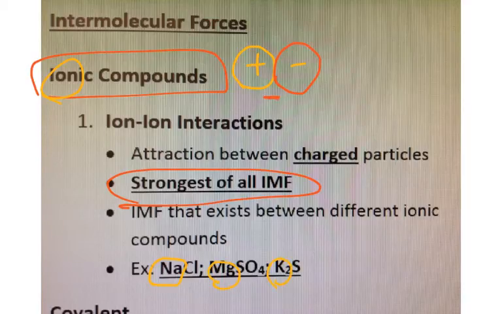So all you have to do to identify something that would have an ion-ion interaction is look at the first element. If it is a metal, it is going to be an ionic compound, and all ionic compounds have ion-ion interactions. So this would be one thing that I would look at straight away. Does it start with a metal? If it does, it would be an ionic or an ion-ion interaction.